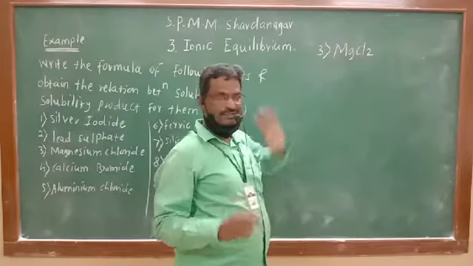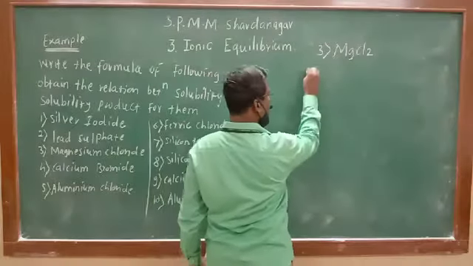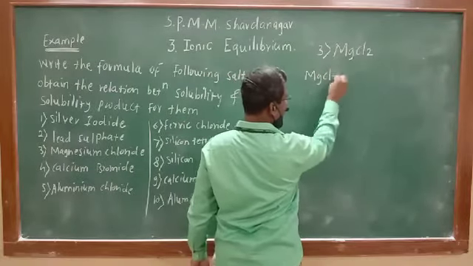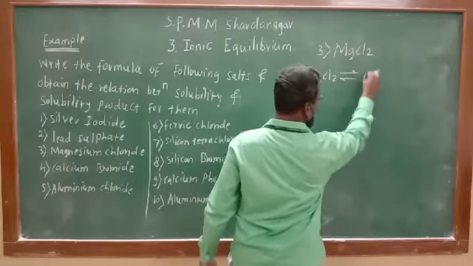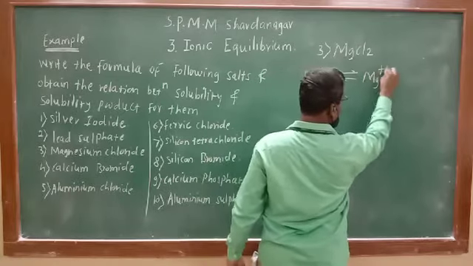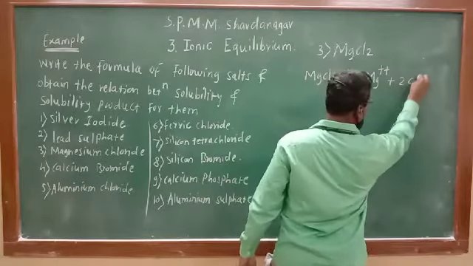So MgCl2 is the formula. On dissociation, MgCl2 gives Mg2+ plus 2Cl−.